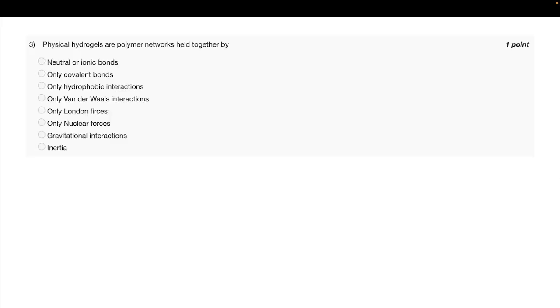Next is physical hydrogels are polymer networks held together by what? Which forces can hold together the physical hydrogels? I think we discussed this briefly in the introduction as well, but go ahead and read the options and let me know if anybody has the answer.